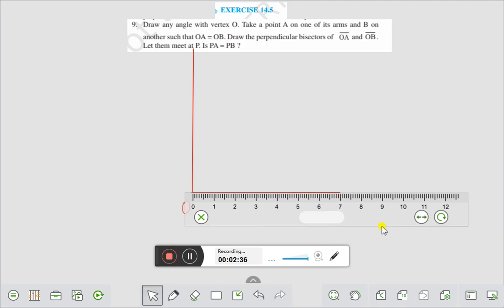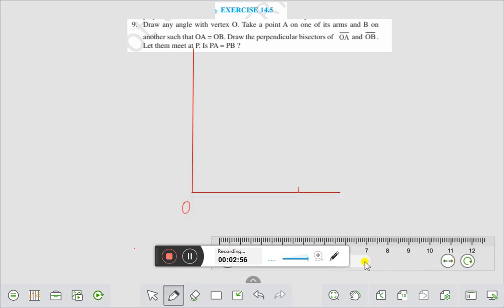This is 5 centimeter. Let us write it as A. This point is A. OA is 5 centimeter.